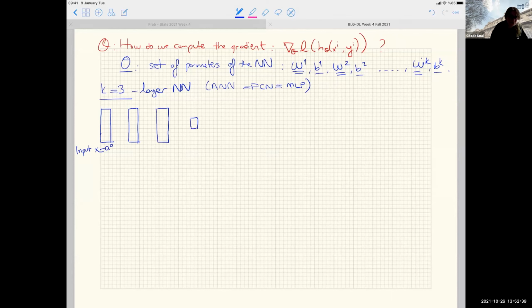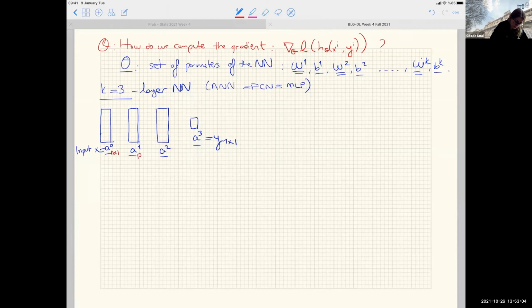We will actually do this for a general network, but A1, let's say A2, and this is my A3. This A3 is actually my Y, which becomes 1 by 1 here. Let's say my input A0 is n by 1.